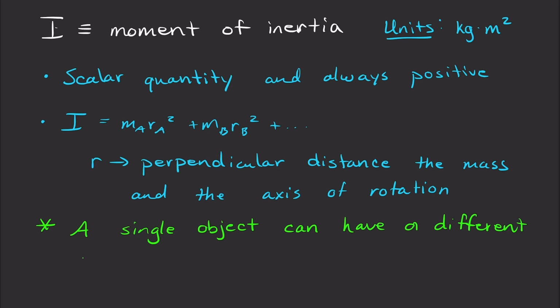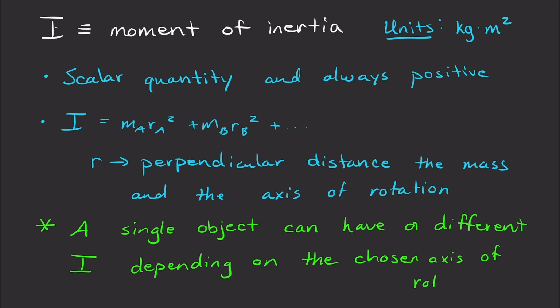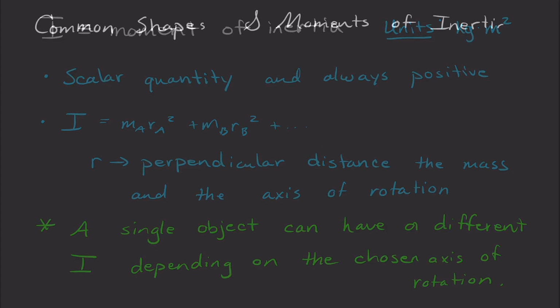So I'll just say a different I, depending on the chosen axis of rotation. Okay, so if you choose to rotate your rigid body about a different axis, it may be easier or harder because your moment of inertia will change.